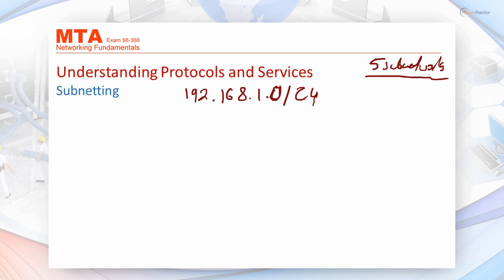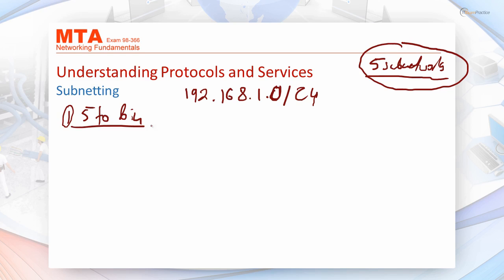And then if you're tired and you said, no, I don't want to do subnetting anymore, do it again and again and again. Okay, the first thing you have to do, you have to convert the number of networks you need into binary. It means I have to convert number 5 to binary.